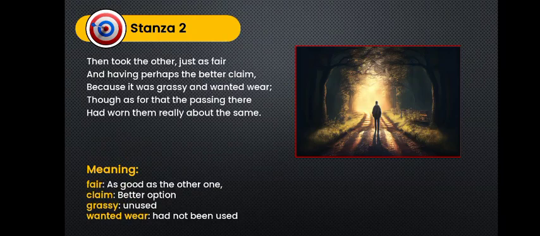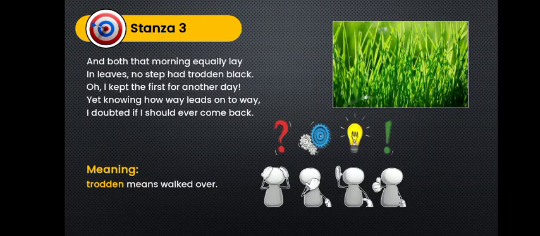Next, move to the third stanza. This third stanza begins like this: and both that morning equally lay in leaves no step had trodden black. Oh, I kept the first for another day, yet knowing how way leads to way, I doubted if I should ever come back.